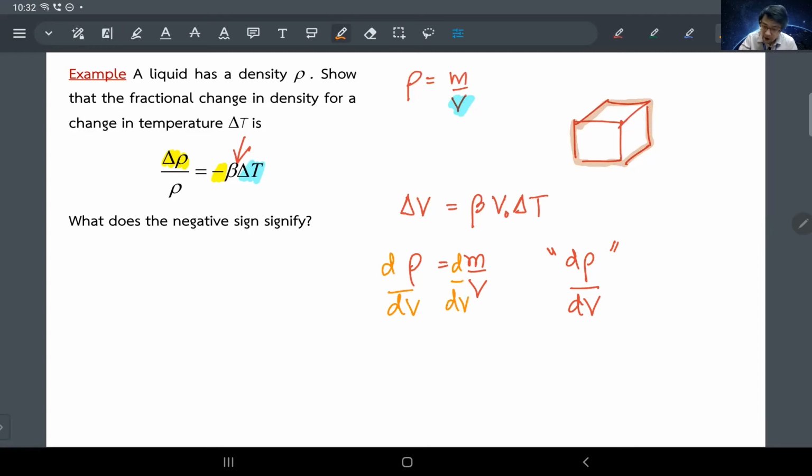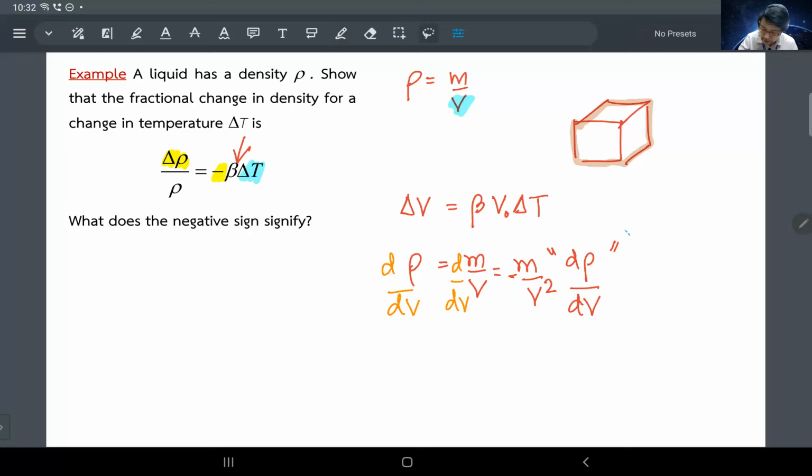All right. And on your right side, you know how to do this because m is constant. So you take the derivative of 1 over V. So the derivative of 1 over V is what? Of course, it's going to be m times negative 1 over V squared. You guys with me?